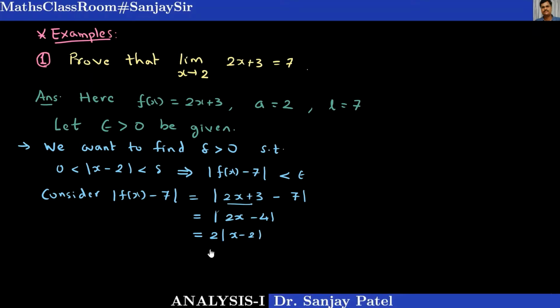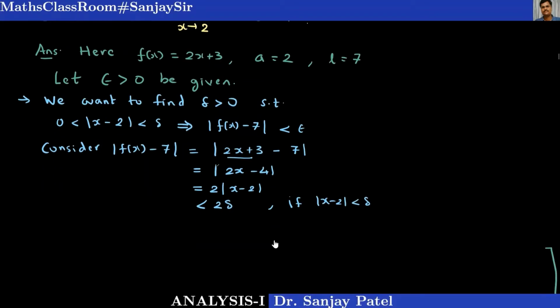And we know that |f(x) - 7| must be less than epsilon whenever |x - 2| is less than delta. So if this condition is satisfied, then this is less than 2 delta. Here it is important that we mention this is true only if |x - 2| is less than delta.